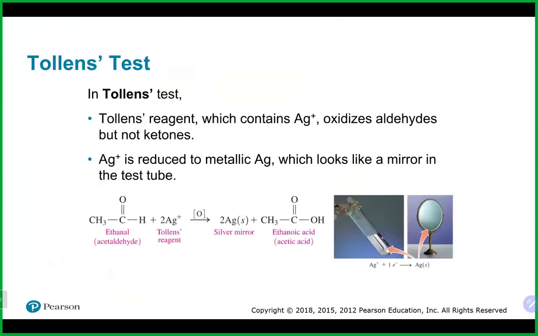So in addition to the Benedict's test, another test is sometimes used for really the identification of aldehydes to carboxylic acids. It's what's referred to as the Tollens test.